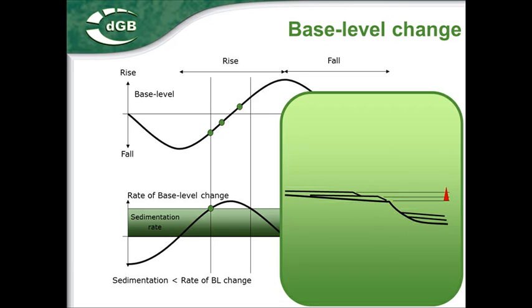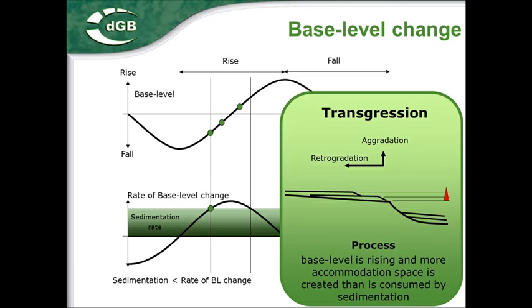And the pattern that emerges is one that belongs to a transgression, backstepping, or retrogradation. So it's characterized by aggradation and retrogradation. The base level is rising, more accommodation space is created than is consumed by sedimentation.